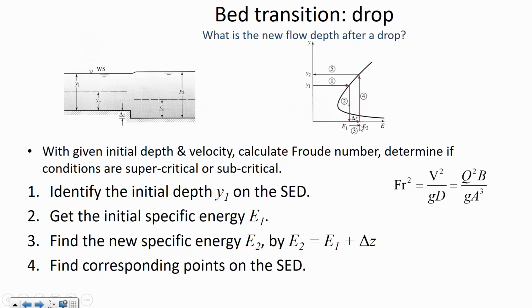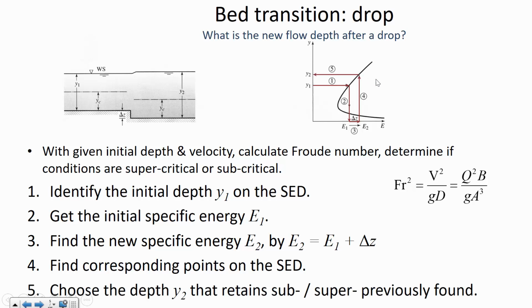So we go straight up again, and we're crossing the energy curve at the supercritical depth and the subcritical depth. And since we had subcritical at 1, of these 2 alternative depths, we choose the subcritical choice.